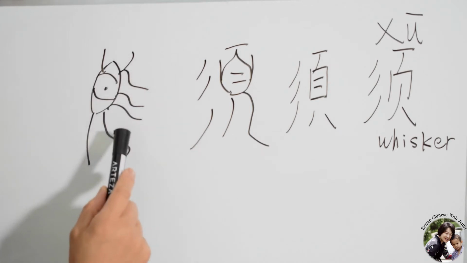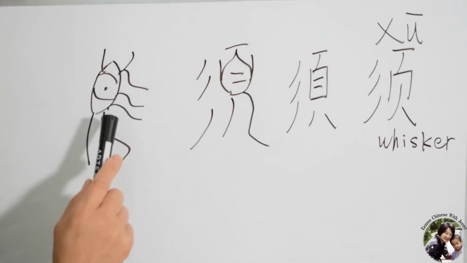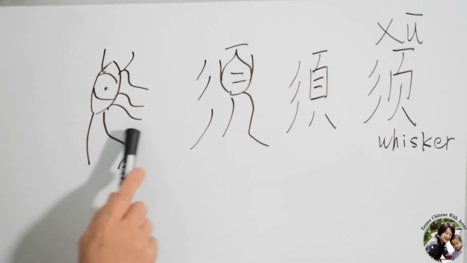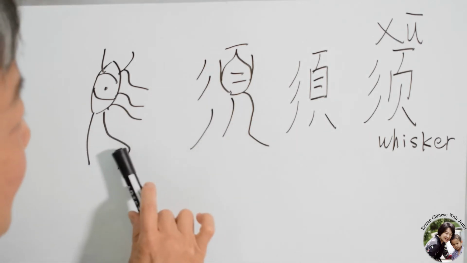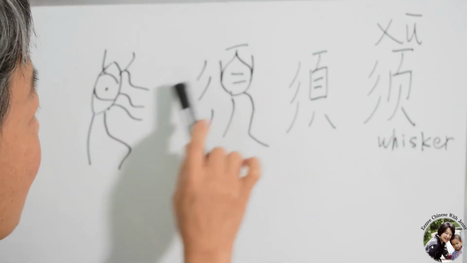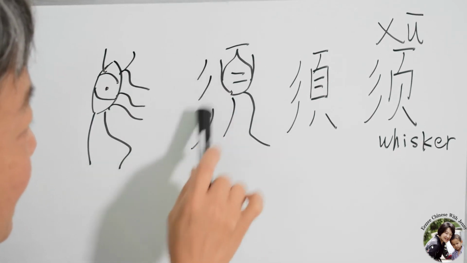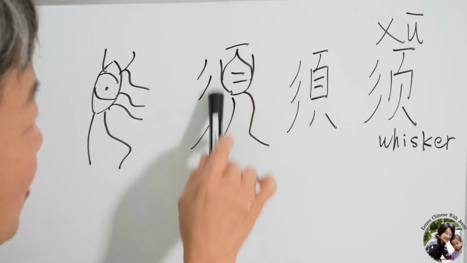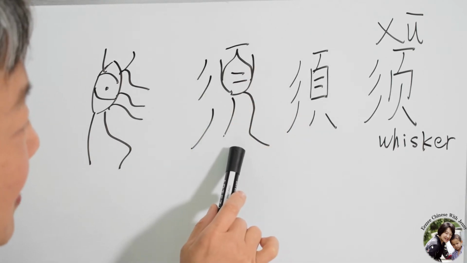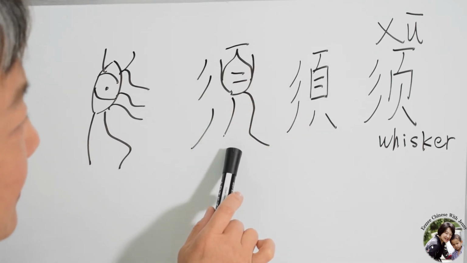Next one, this is an image of the head and legs, and this is the eye, and add 3 strokes like this. It refers to the whiskers. Actually, during the evolution at the time, these 3 whiskers became like this, 3 strokes. Remember, this one was the image for the head, right?